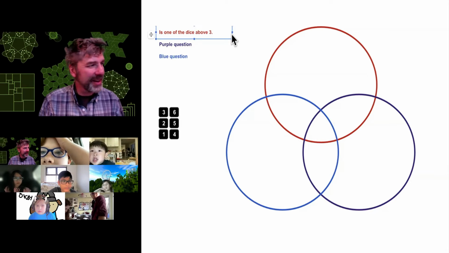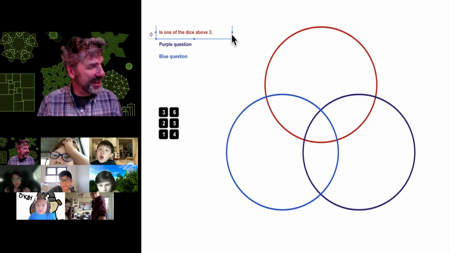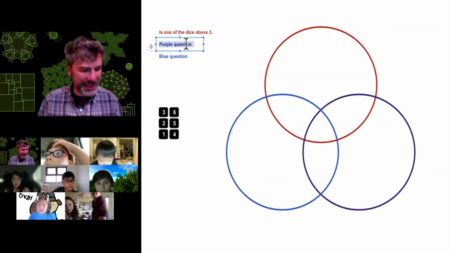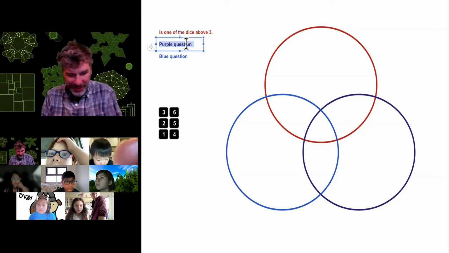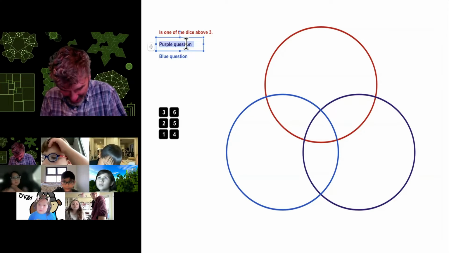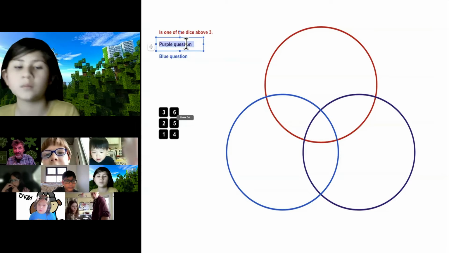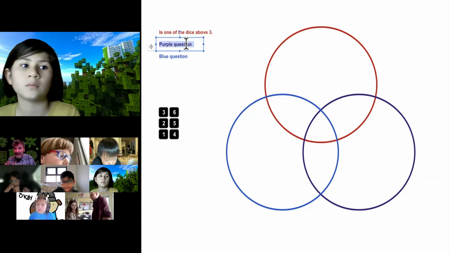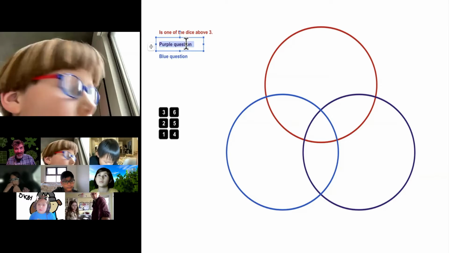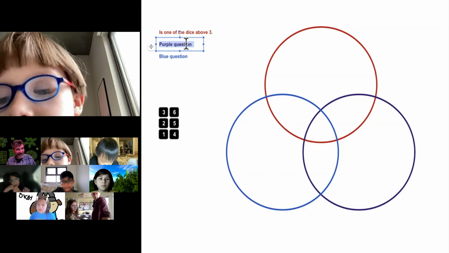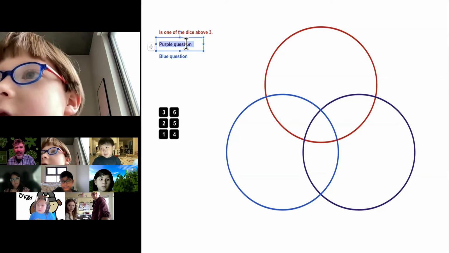Perfect. I am going to get Oscar. I'm going to get you to ask a different question. So here I am, I'm rolling my dice. What question would you like to ask about the dice? Any question? Are at least 2 of the dice prime? Prime.